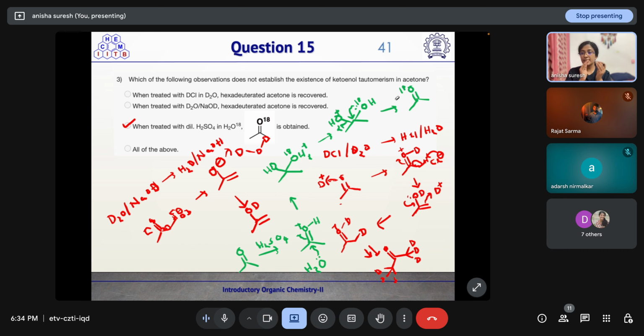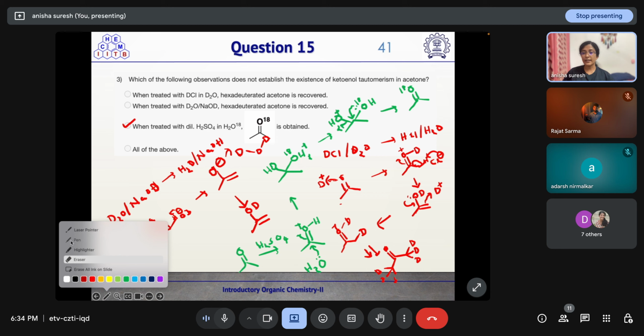So it is a nucleophilic addition of water to this acetone, and then removal of water leading to formation of this. So this example is not establishing the existence of keto-enol tautomerism. Here it is talking about nucleophilic addition of water to the carbonyl carbon of acetone.